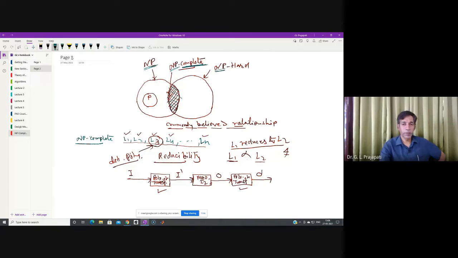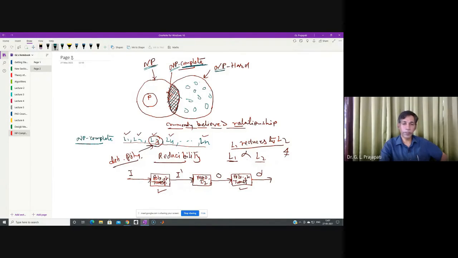NP hard problems need not be in the NP complete. The problems can be here, here, or here, and if a problem is here, it is not in the NP, but it is an NP hard problem. These are very hard problems as compared with the NP complete. That's why NP hard says that these are the harder problems than the NP complete.